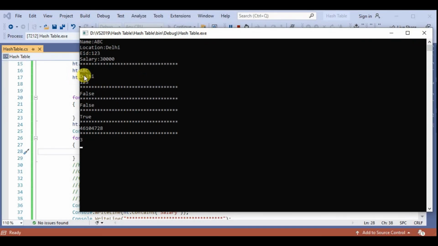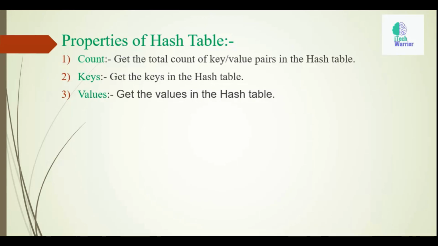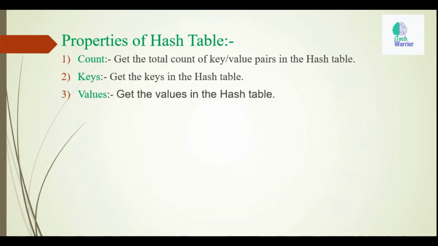So the output, here you can see the values. These are the properties and these are the methods inside the hash table.